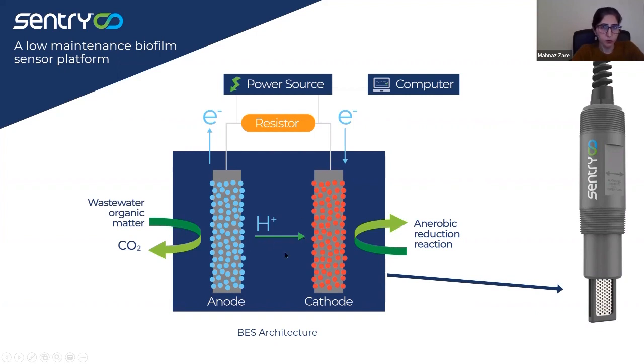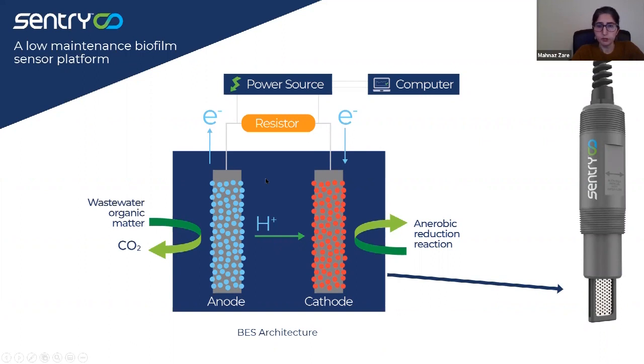As wastewater flows over the surface of the electrodes, the biofilm grows on it, and the biofilm on the surface consumes the organic carbon traditionally measured as BOD, COD, or TOC. As a result, we have a transfer of electrons between the two electrodes.